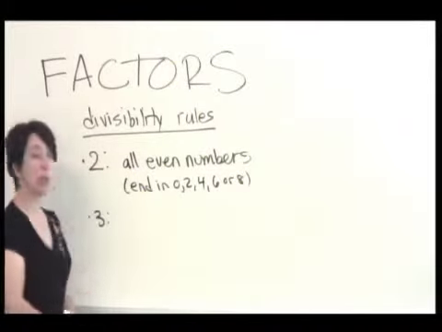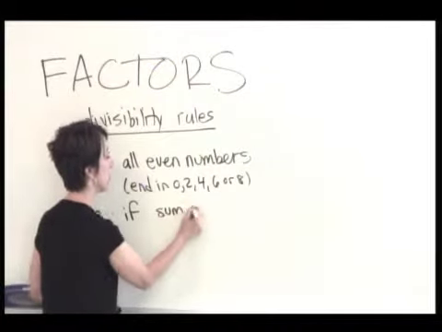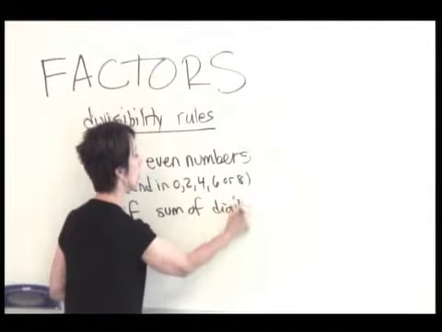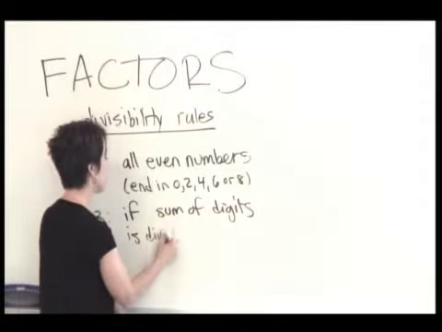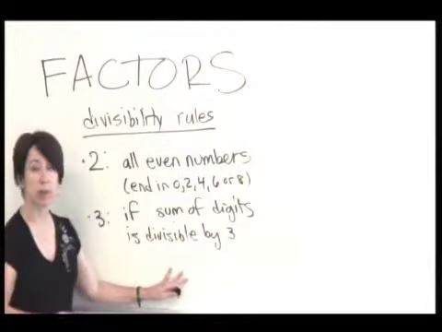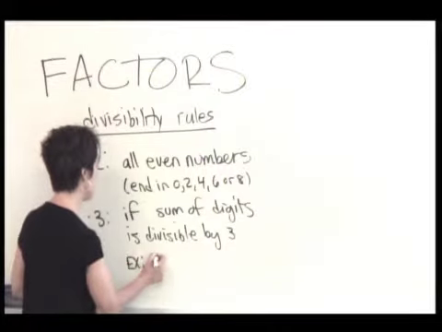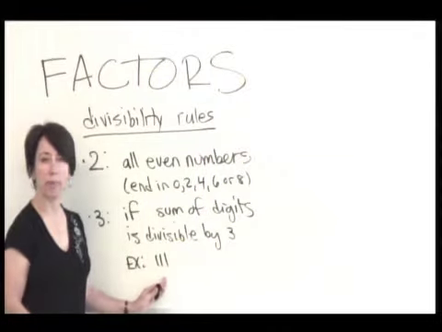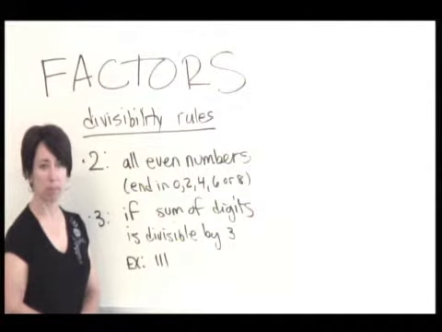3, a number is divisible by 3 if the sum of the digits is divisible by 3. So for example, if we look at this number, 111, we know it's not divisible by 2, but is it divisible by 3?